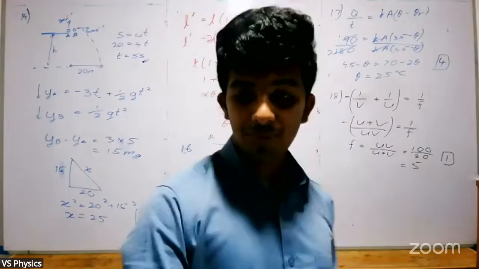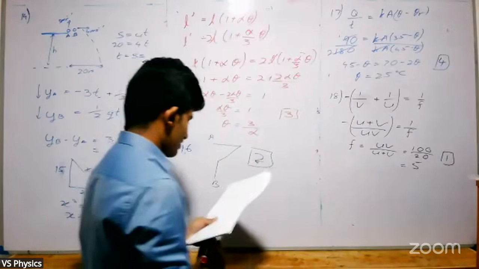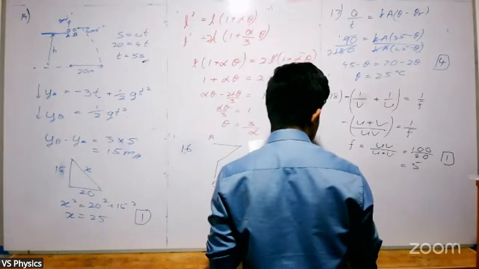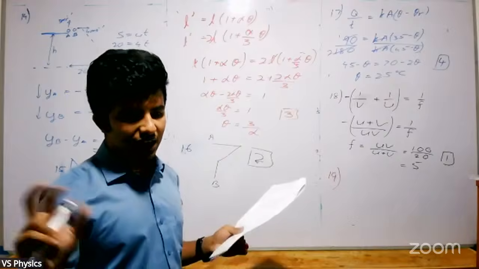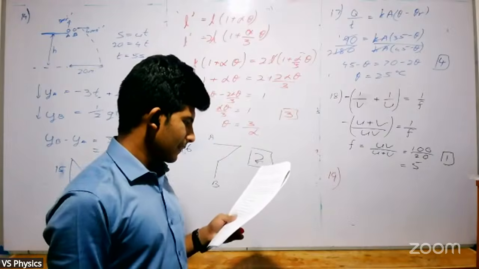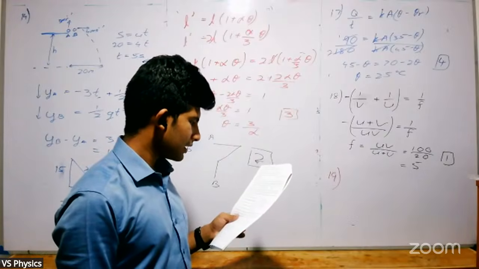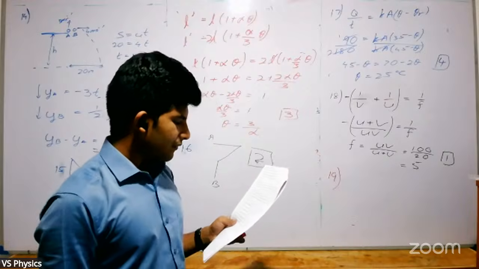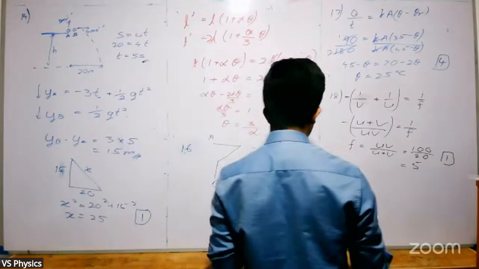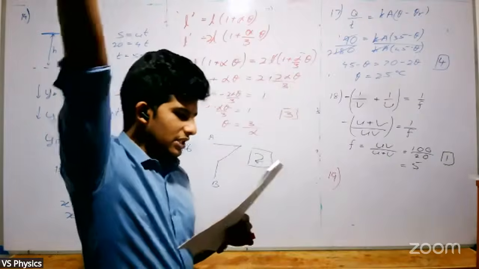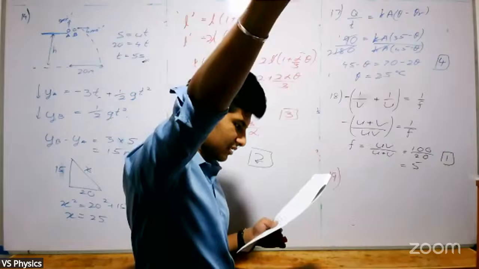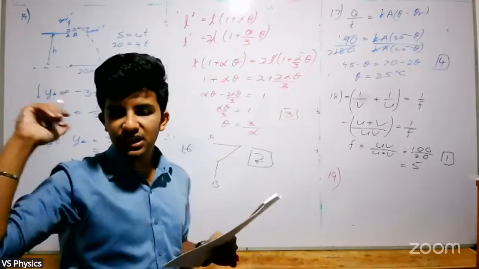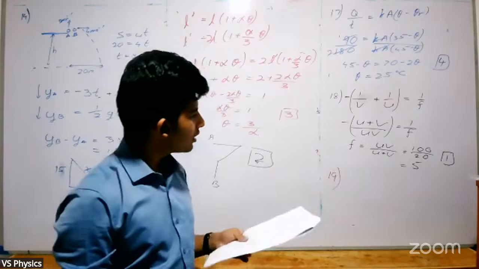Next is the telescope's special adjustment. Never have I ever seen such a question, but a beautiful, short, easy question. Our initial, okay, we are focusing on the sun. The sun is at infinity. Any object at infinity will get focused to the focal point.